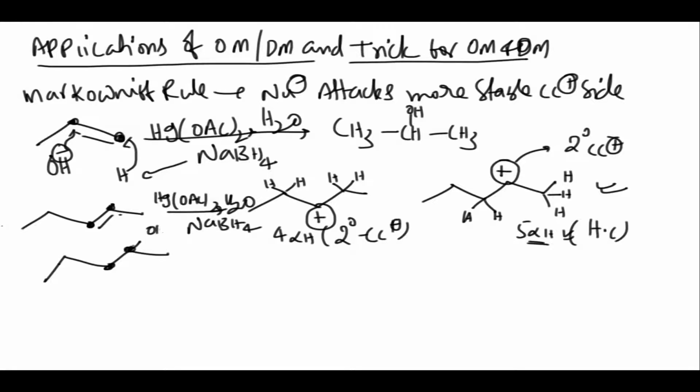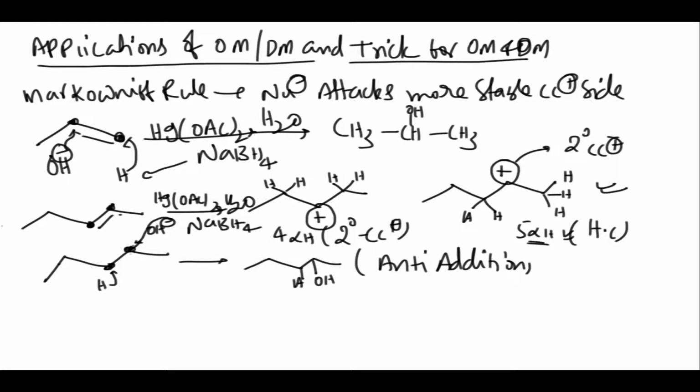So OH minus attacks here. Why this position only? Because of the more stable carbocation. On the other side, hydrogen is added. The product has OH added here and hydrogen added here. Actually, as per the mechanism, this is anti-addition, that means the opposite side, OH is like this.